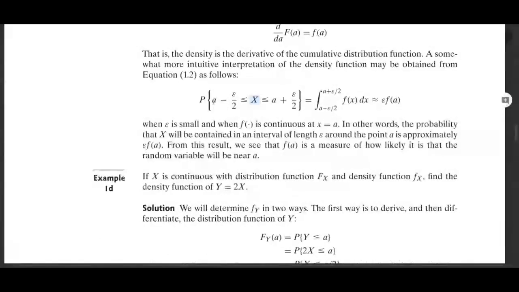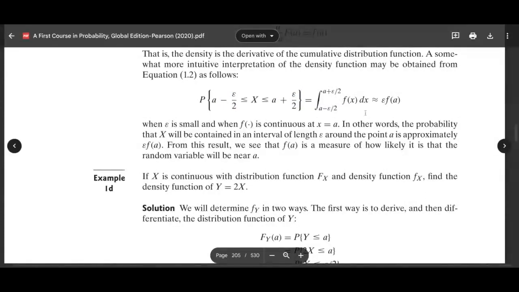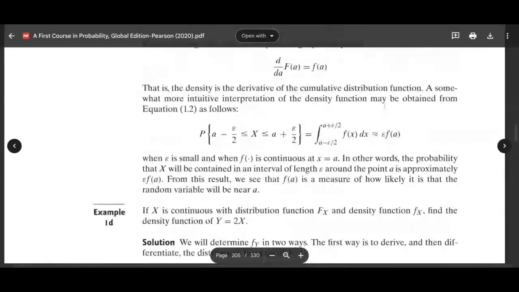Think about a fixed real number a, with X in between a little bit smaller and a little bit bigger than that number.